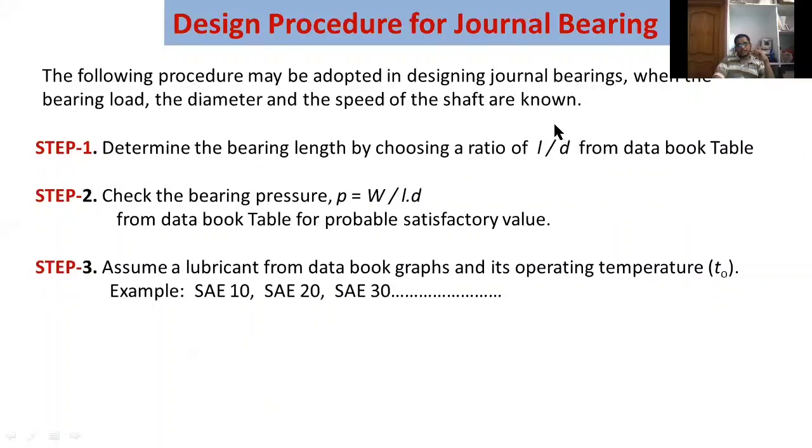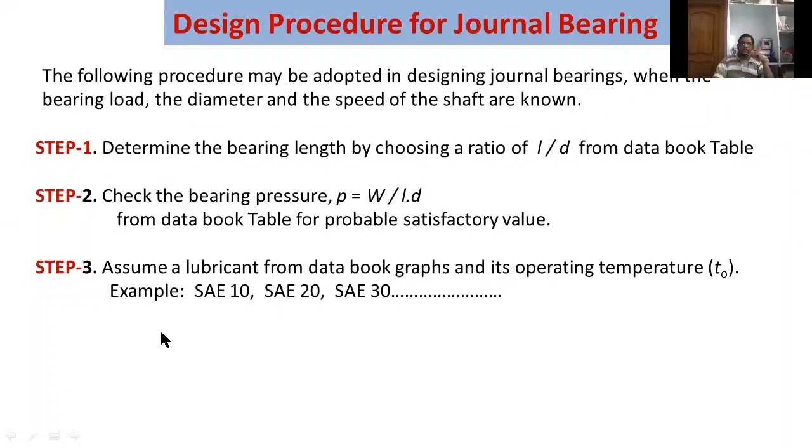Similarly, in step number 2, you have to check the bearing pressure P. The formula for bearing pressure is P equal to W by L into D. Here W is the load on the shaft, L is the length of the bearing, and small d is the diameter of the shaft. By using these values, you have to find the value of bearing pressure P.